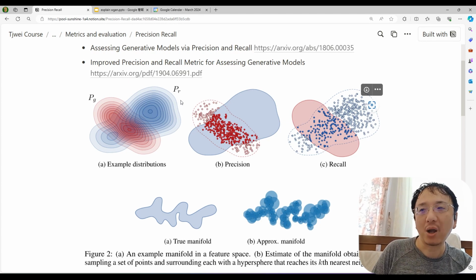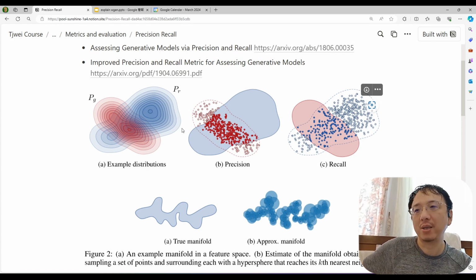So we are calculating the percentage of the true positive over all positive samples. So one is precision and the other is recall. You can see both of these images illustrate the meaning of these two concepts.